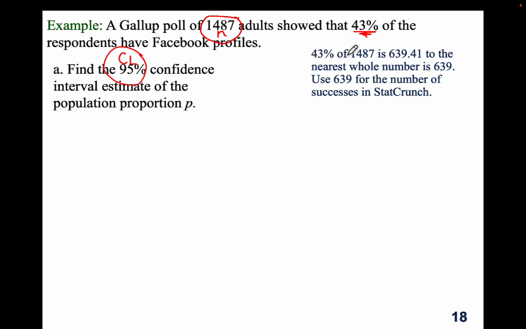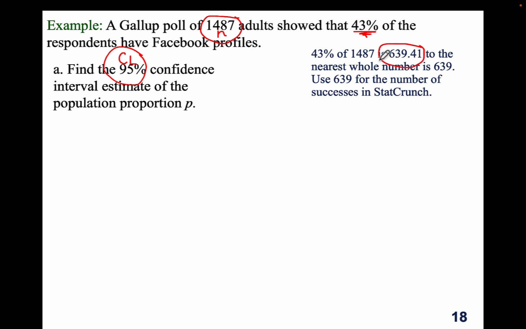So please note this, okay? 43% of that sample size, 1487, is, if you type that in your calculator, you're going to get 639.41. But when you type that into MyLab and Mastering, when you type that into StatCrunch, it's going to want the nearest whole number.